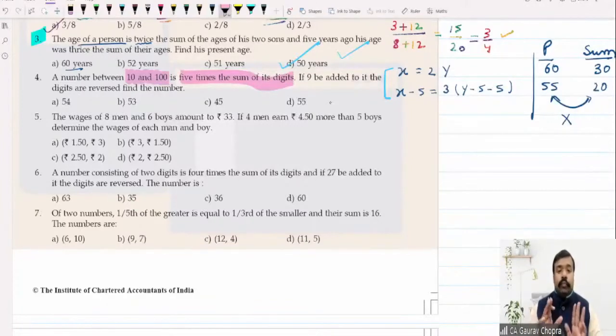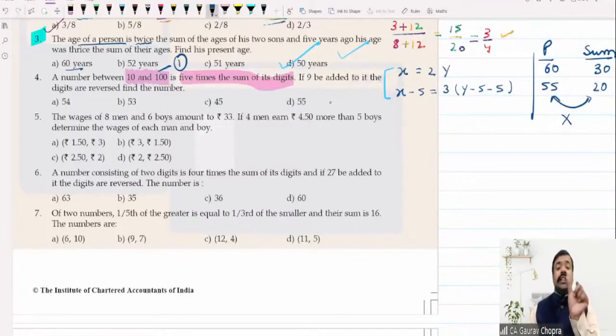Okay. So now, what is the first condition? The first condition says there is a number which is between 10 and 100. Now we can see all the options are between 10 and 100, so this first condition is satisfied by all. Let us check the second one.